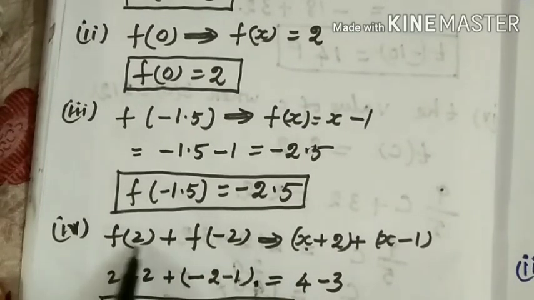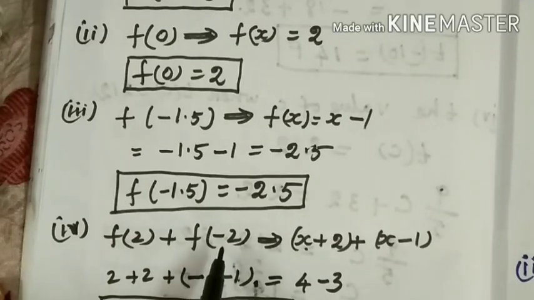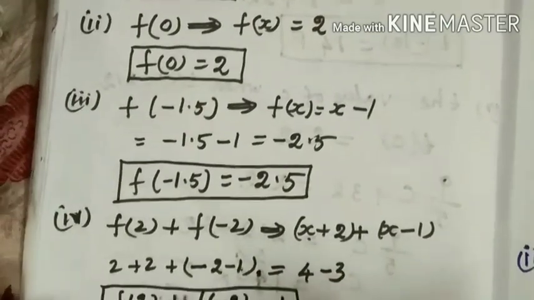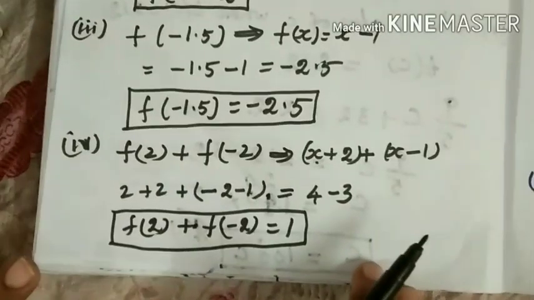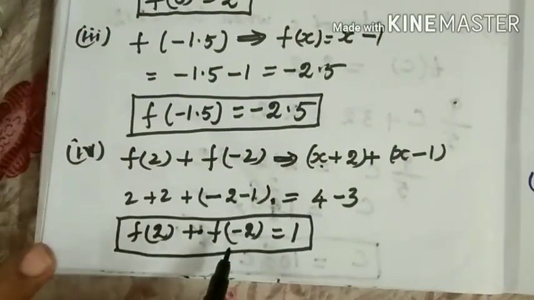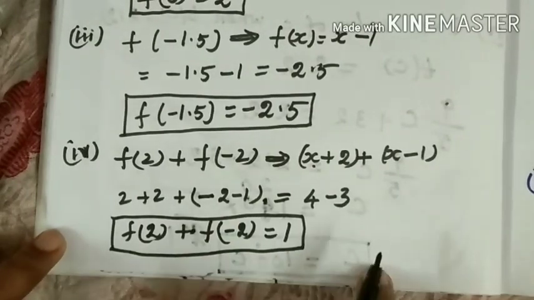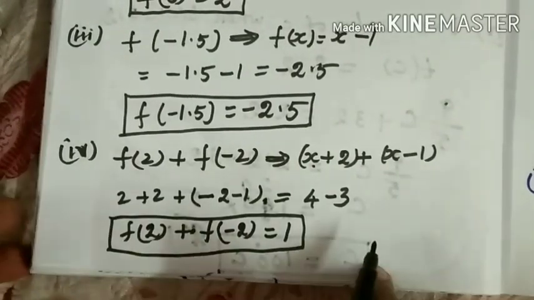So here 2 lies in the third interval and minus 2 lies in the second interval. So the function defined as x plus 2 and x minus 1. Then the value of f of 2 plus f of minus 2 equal to 1. This is the answer for the 9th sum.